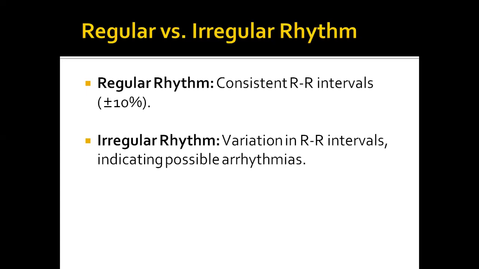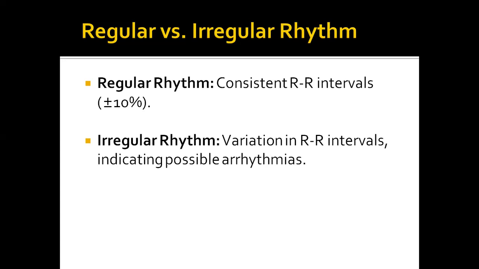Understanding the rhythm of the heart is a crucial part of ECG interpretation. A regular rhythm means that the intervals between R waves are consistent, with a variation of no more than plus or minus 10%.